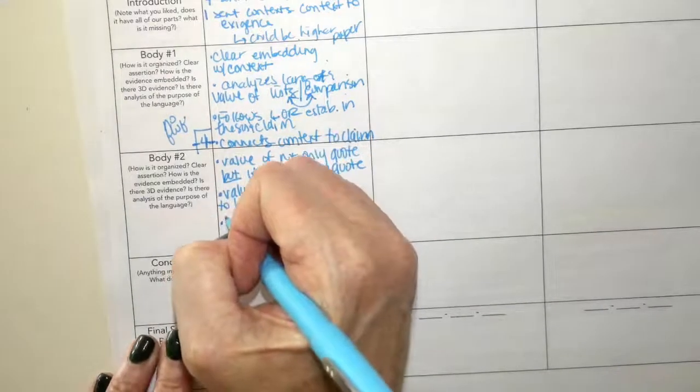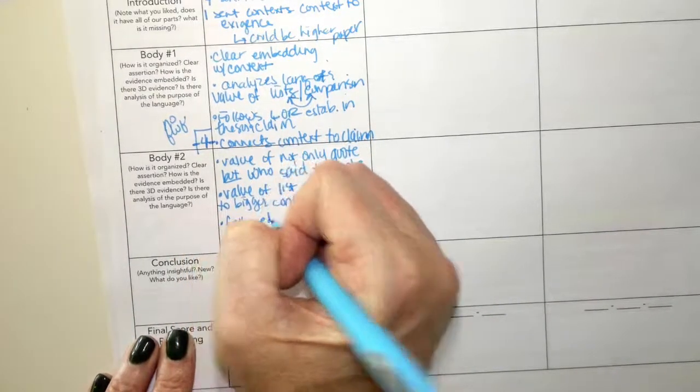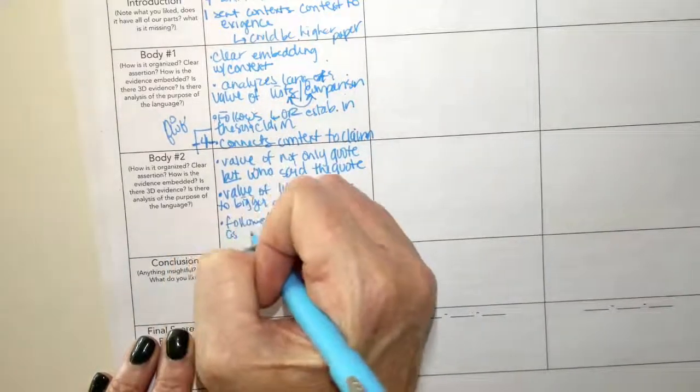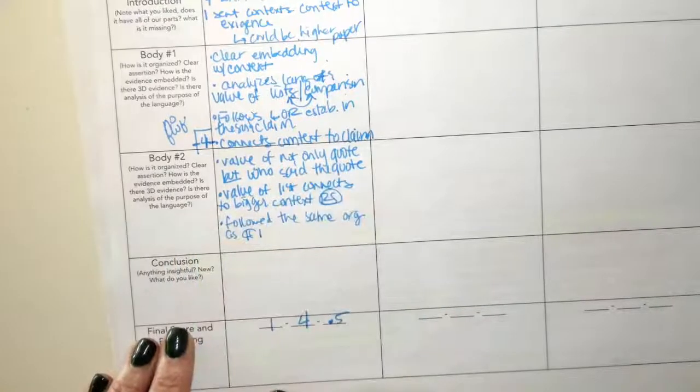Like, it followed the same format or the same organization as body paragraph number 1. And how does that help me, the reader? Yeah, I know what to look for. This kid gave me a structure in their thesis, followed the structure in the first body paragraph, embedded evidence, analysis. So when I see that in the first body paragraph as a reader, I'm hoping I see that in the second, and it isn't always the case. But then I continue and I still see it.